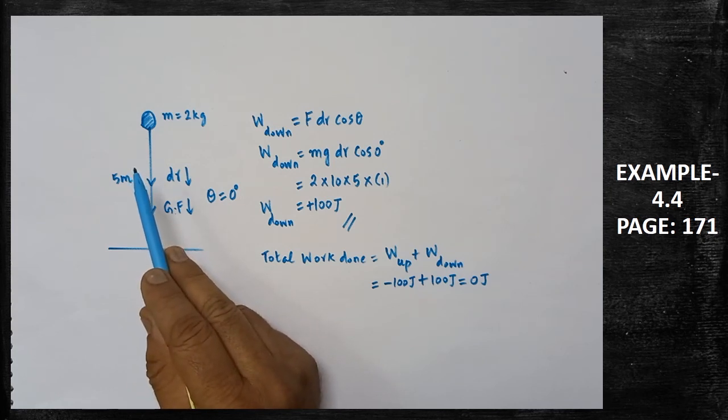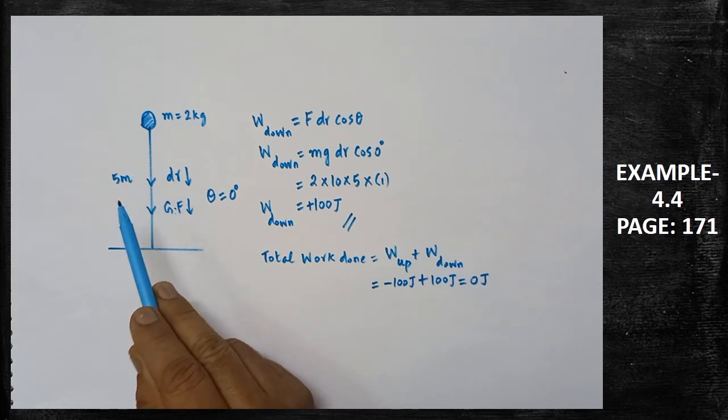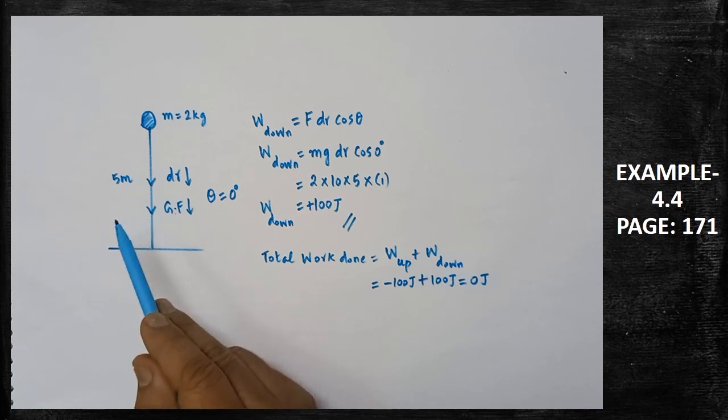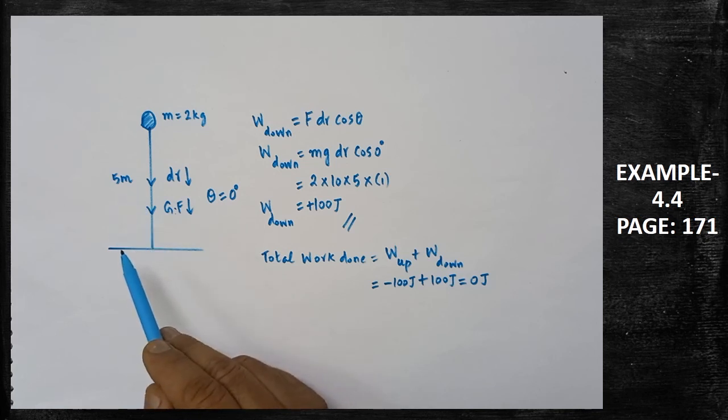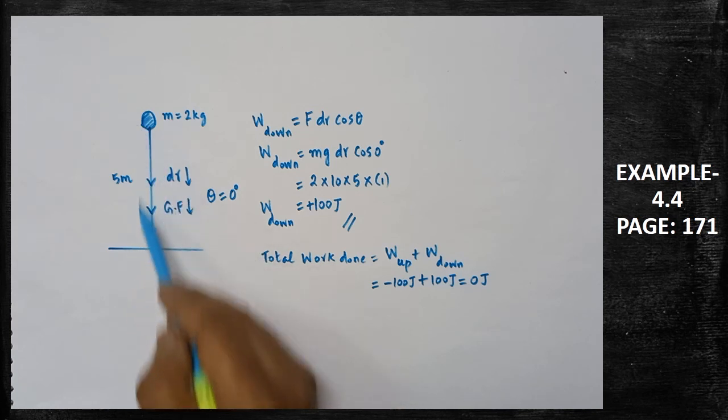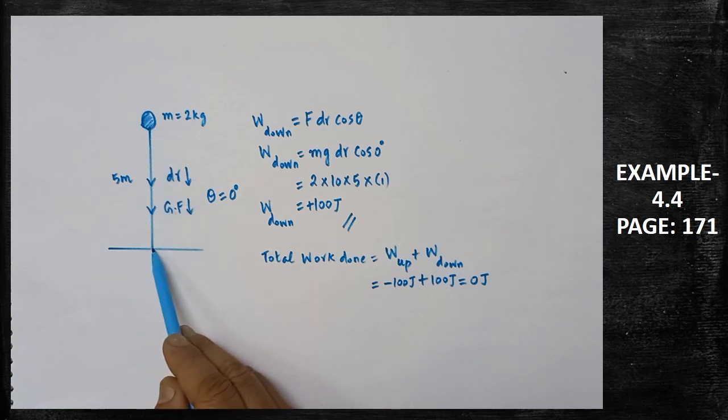When the object is thrown up, the energy is transferred to the object by the external agency, which means the object gains some energy. As soon as it comes back and hits the earth, the energy gained by the object is transferred to the surface of the earth. When it is coming back, the stored energy will be completely dissipated here.